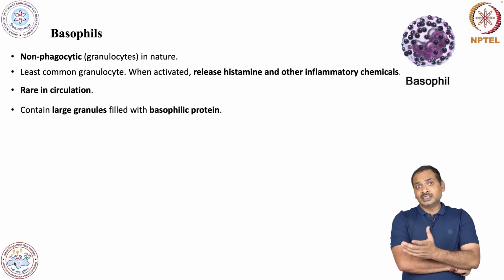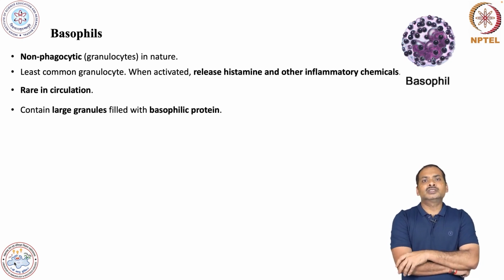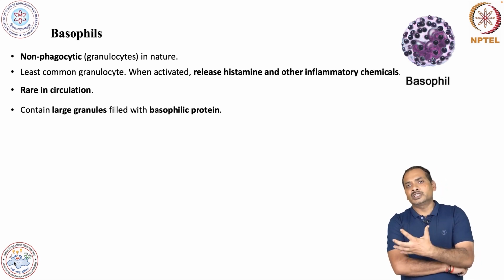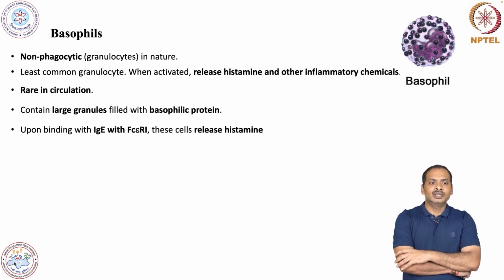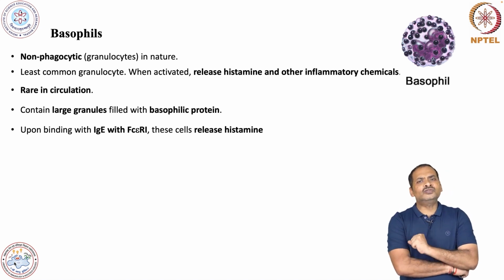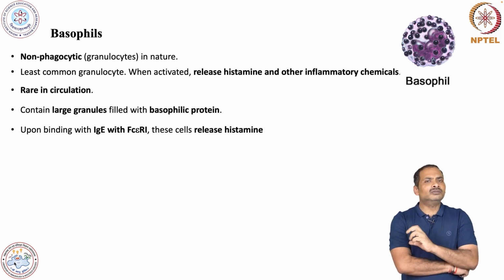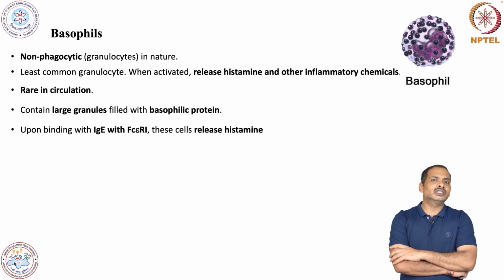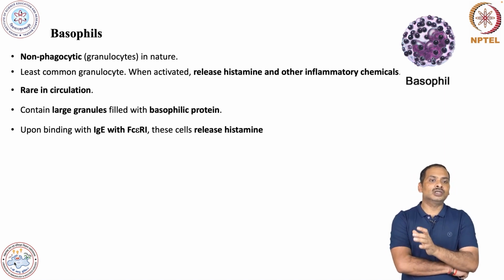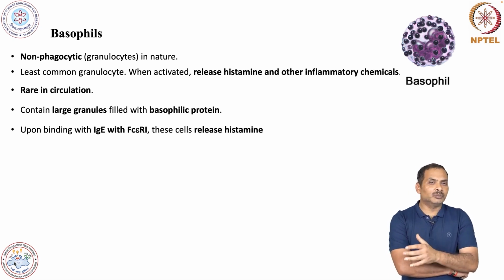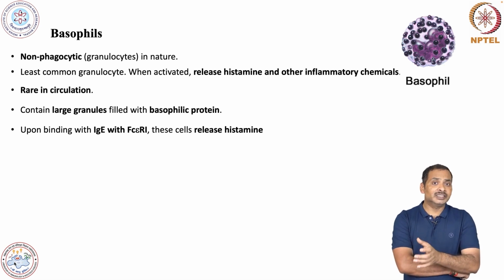Basophils contain large granules, which are packed with basophilic protein. And the basophil has a receptor which we call FC epsilon R1, and this is a receptor for an antibody known as IgE.